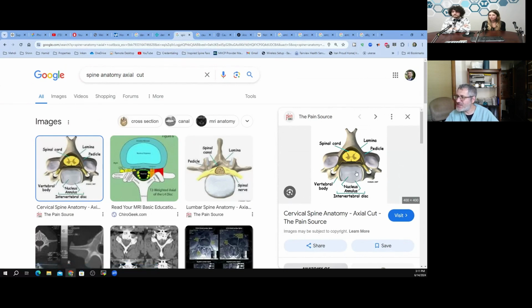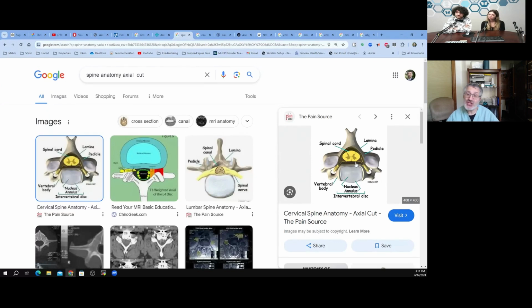If the disc pushes here, it actually pushes on the nerve that's going out, then you have the symptom of the same level nerve root. But nature did something: the disc is weakest in the lateral recess right here. Here, it's not pushing on the nerve that's going out at the same level.